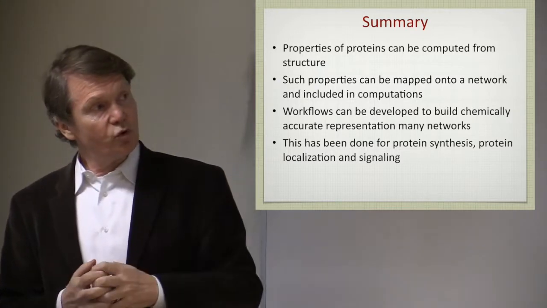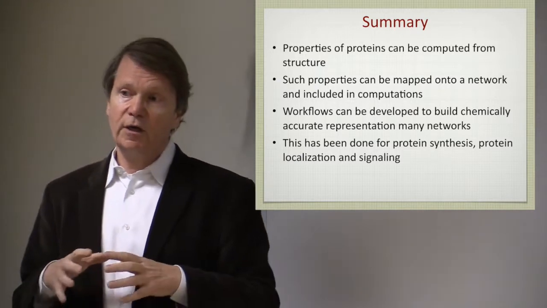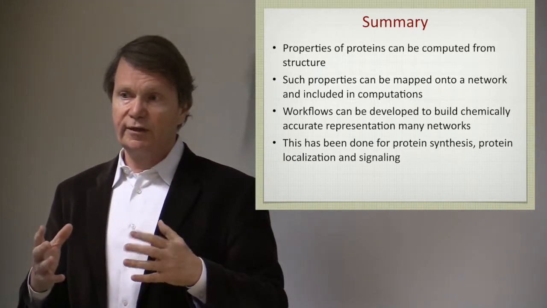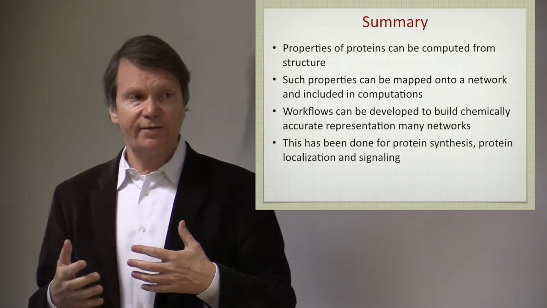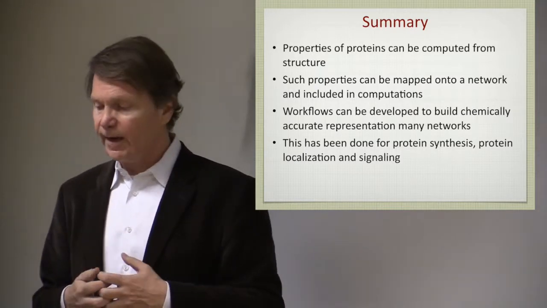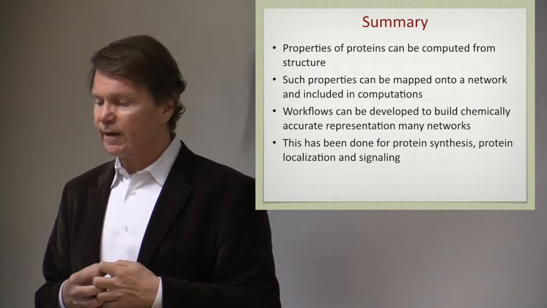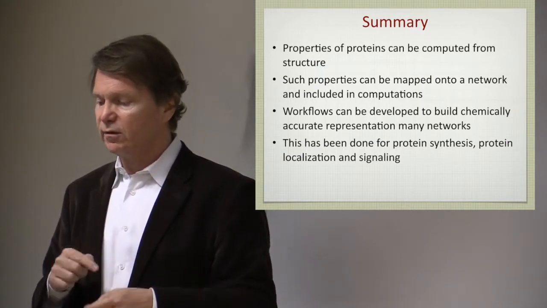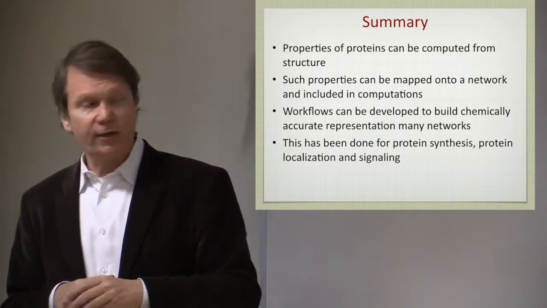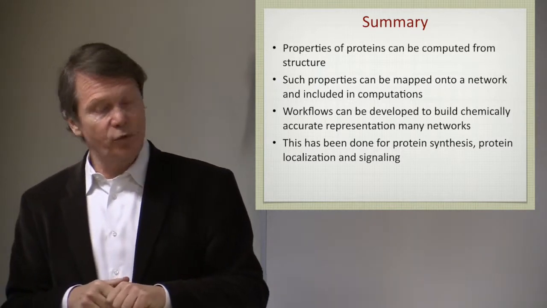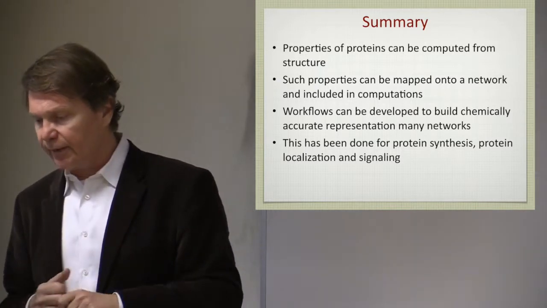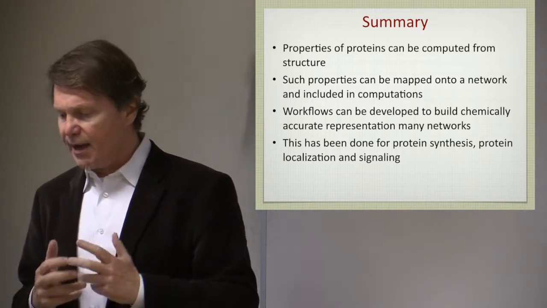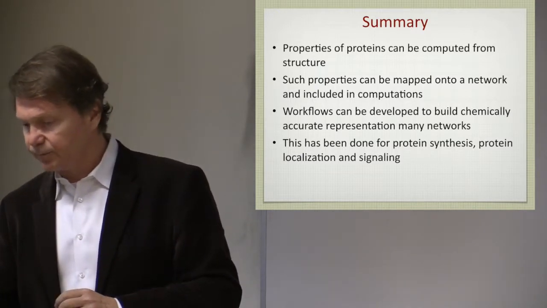We can now use protein localization pathways to localize proteins in the different cellular compartments, and I think that is important. I mentioned a few times in these lectures what the meaning of location in biology is, and one of them relates to the cellular compartment, so we can maybe compute that now. Signaling remains difficult.